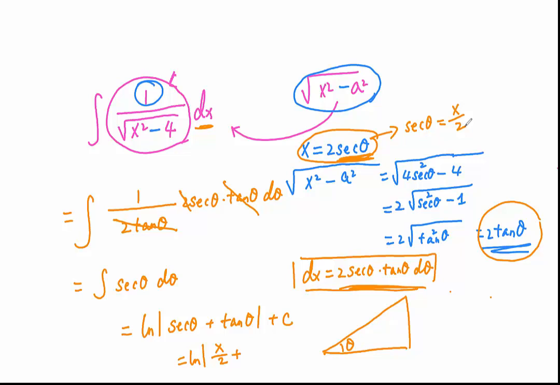Which one is the 2? What is the adjacent right now? Adjacent is 2. Then my hypotenuse is going to be x. So my opposite should be the square root of x squared minus 4. So the tangent theta is opposite over adjacent. That's going to be the square root of x squared minus 4 over 2. Okay, that's it. So far, so good.